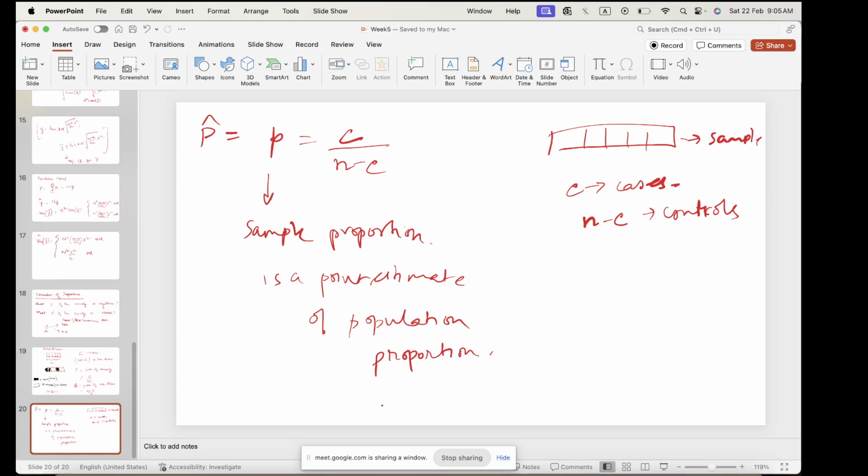Okay, and Q hat is how much then? Q hat is also given by, small p is capital C by small n. Extremely sorry. Small p is the sample proportion, so it would be small c by small n, and Q hat is actually small q, which is (n minus c) by n. And you will note that this small p plus small q also equals 1.